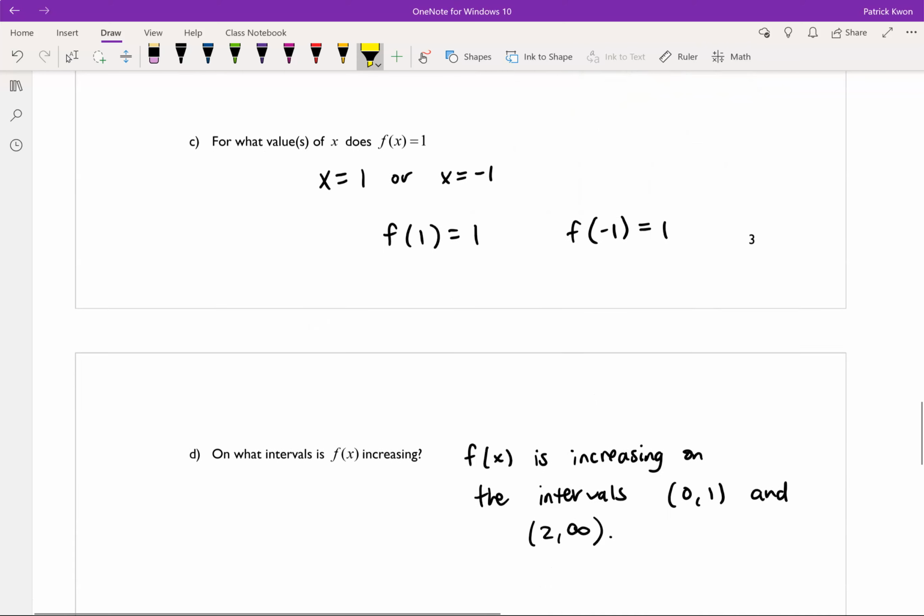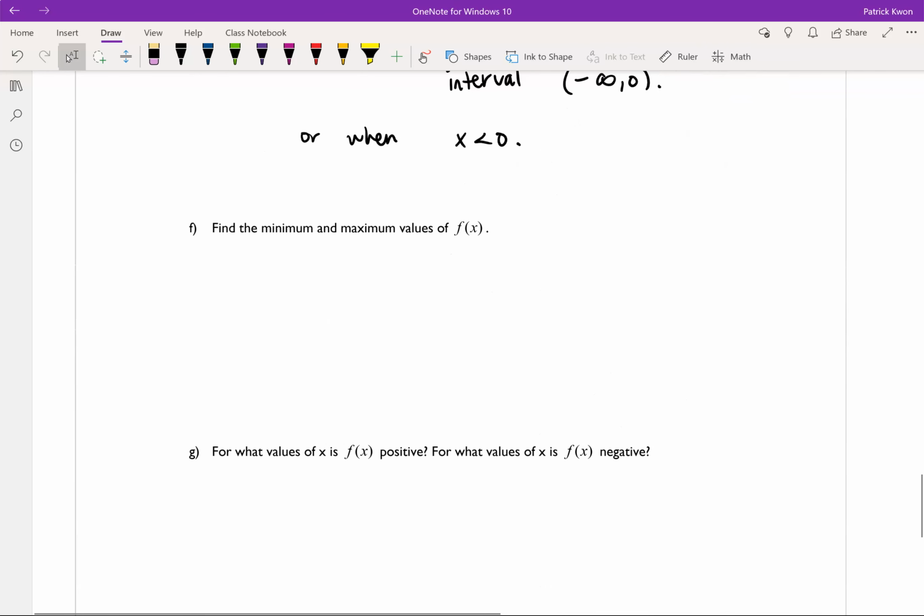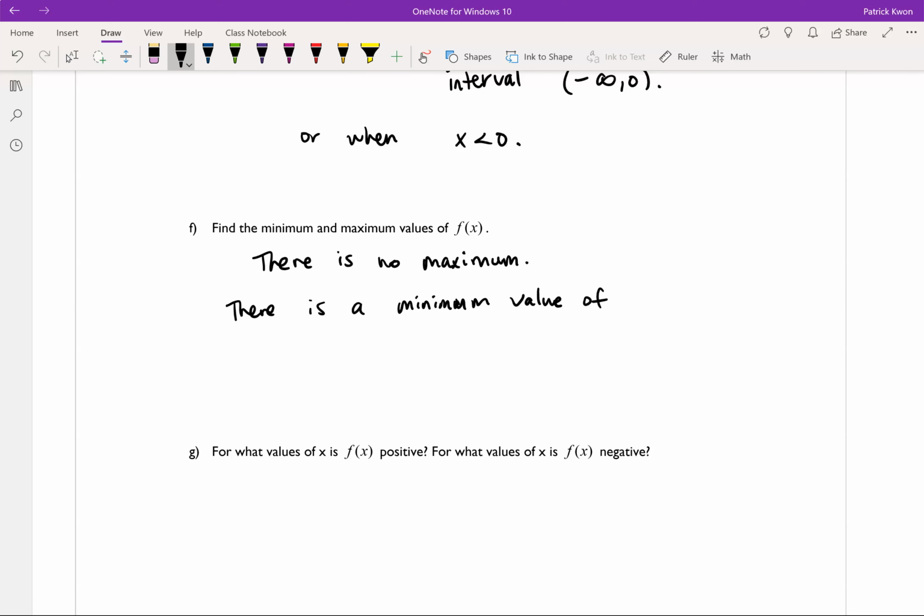So let's think about how we're going to write that. We can say there is no maximum, and then we could say there is a minimum value of 0 when x equals 0.